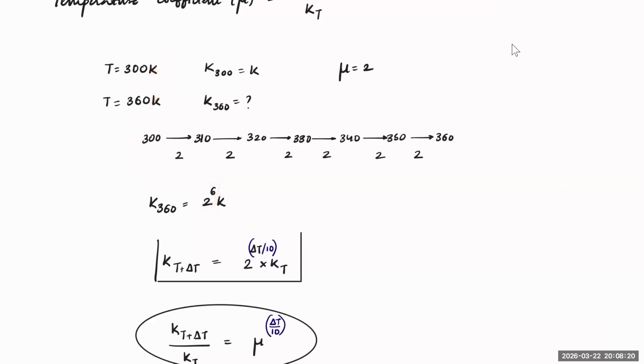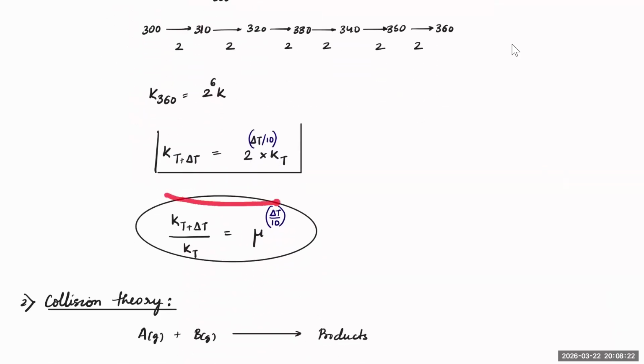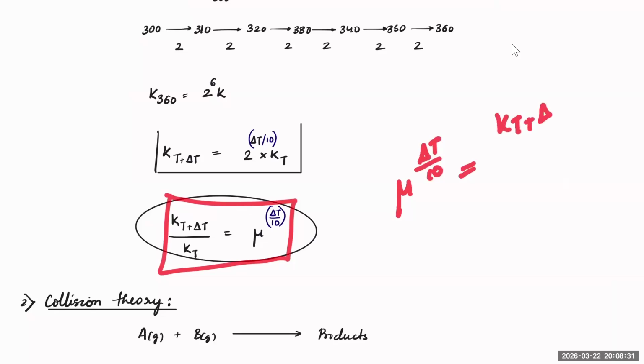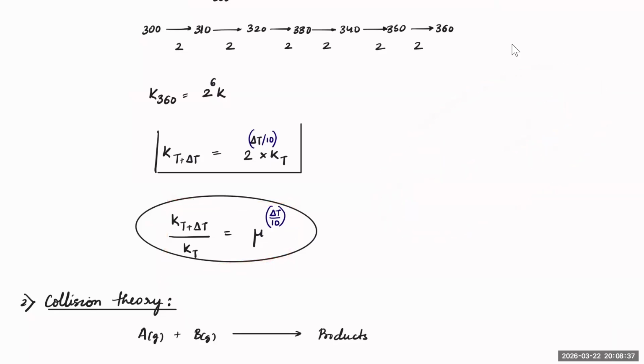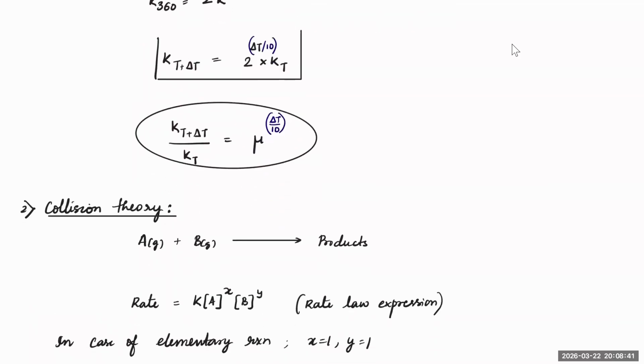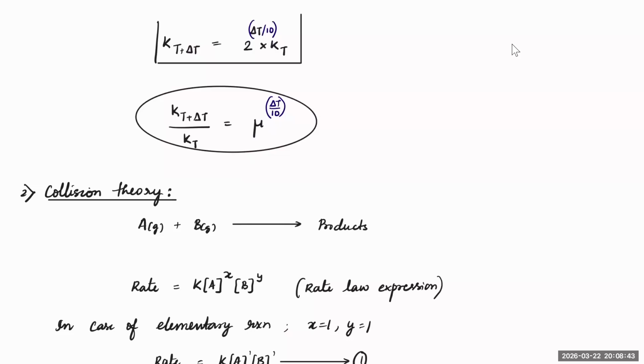And from there we got a general formula: mu raised to the power of delta T by 10 is equal to k of (T plus delta T) by k of T. So this helps us figure out how much the rate of the reaction increases with the increase in temperature.